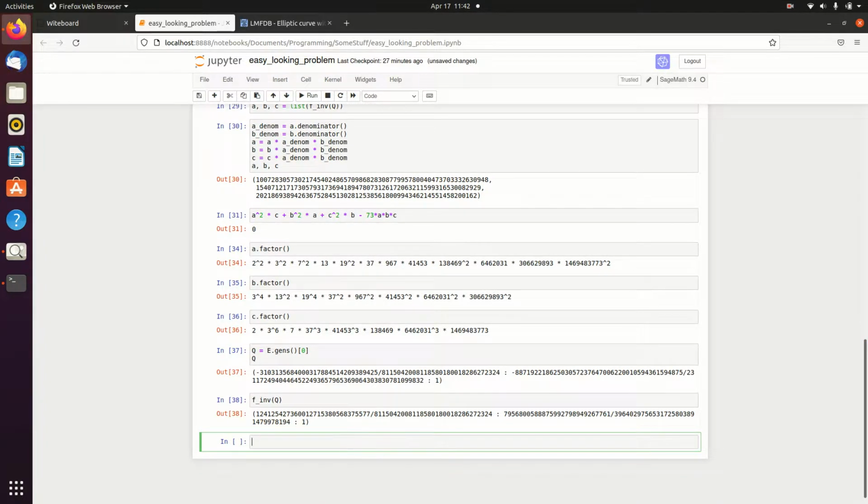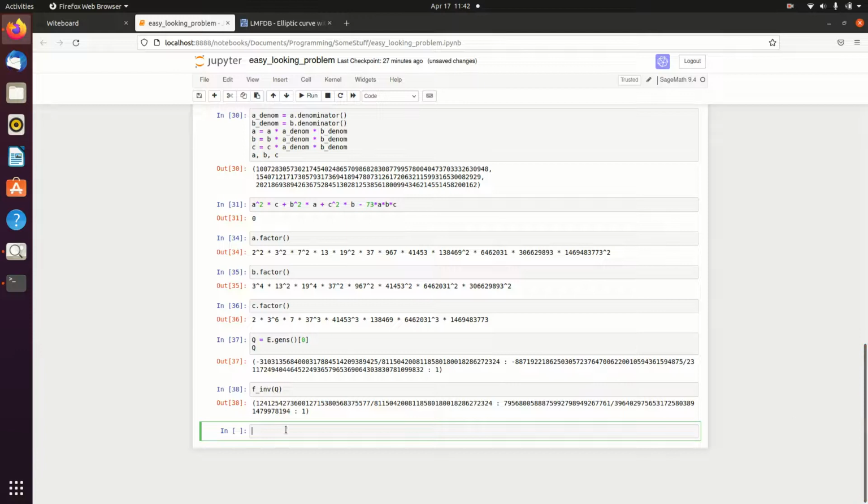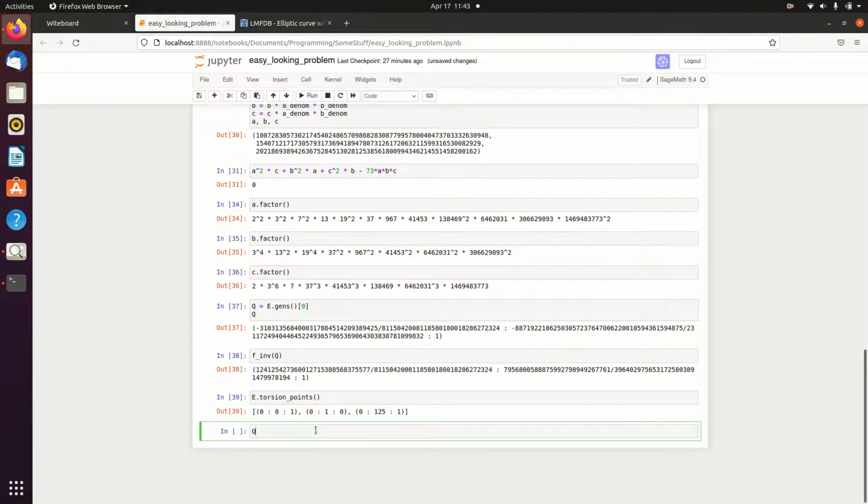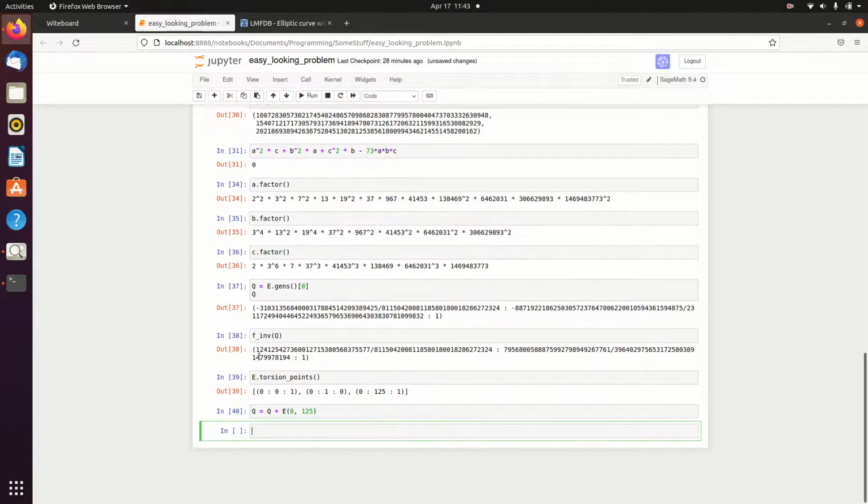Some other means, well, we could try to look at Q plus torsion points. Let's look at the torsion points again. Let's say Q, we want to add the point 0, 125. Okay, now let's see what our Q is now.